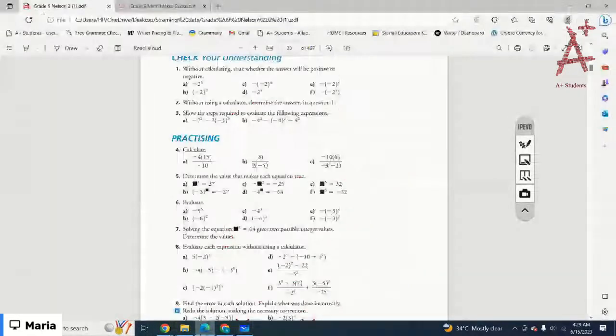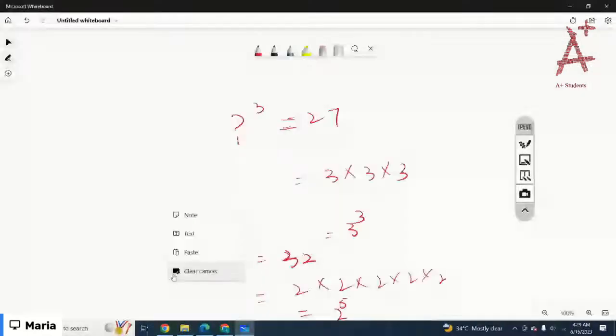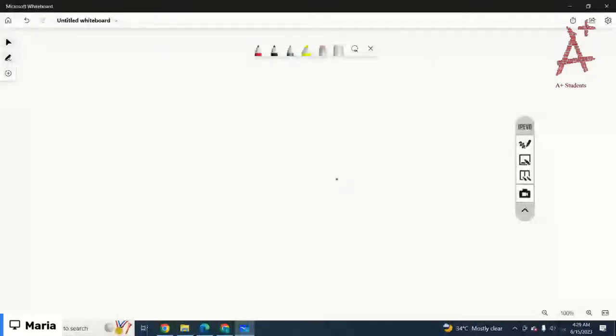Okay, let's just look at question number 6. Evaluate. Let's just start with the first one. Negative 5 exponent 3. So that is a negative sign.